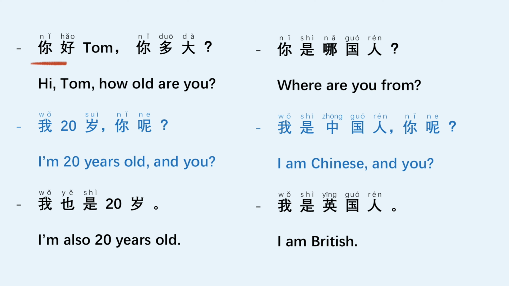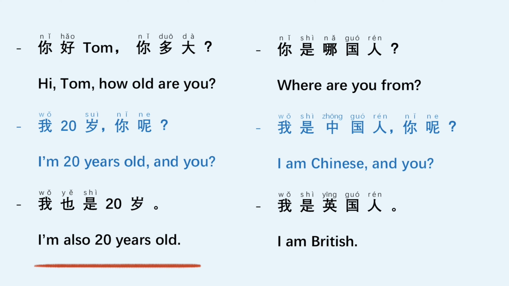你好 Tom, 你多大? Hi Tom, how old are you? 我20岁. 你呢? I'm 20 years old. And you? 我也是20岁.